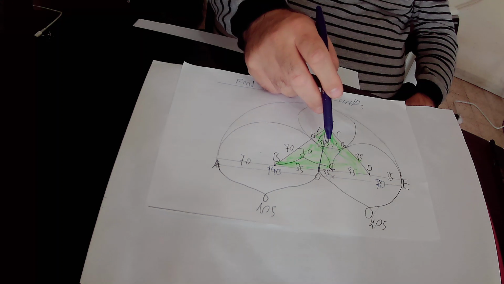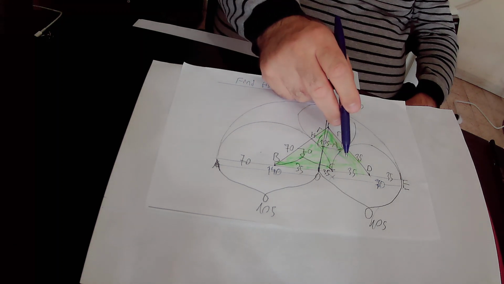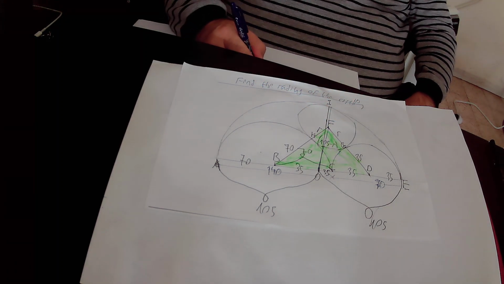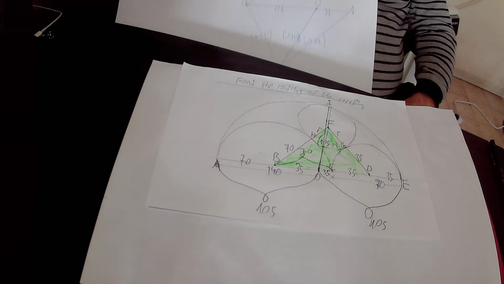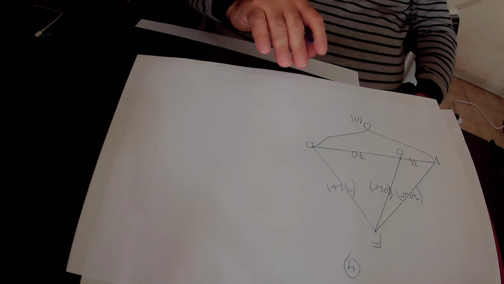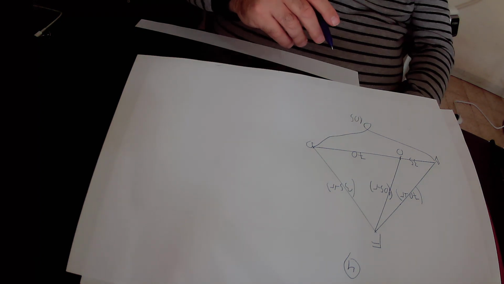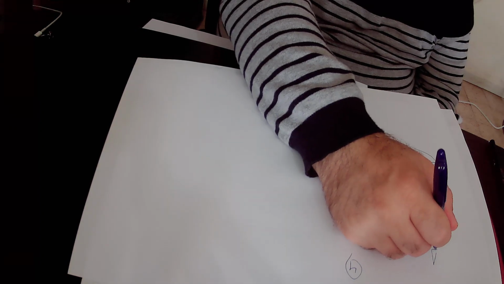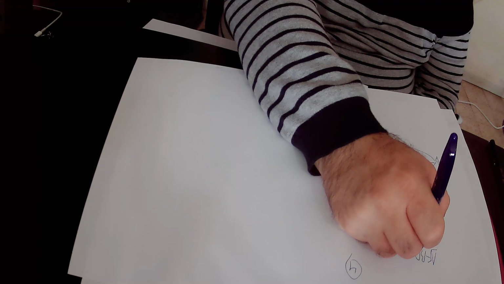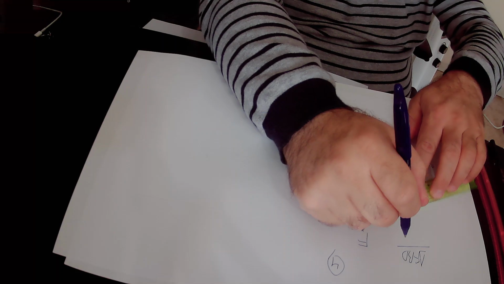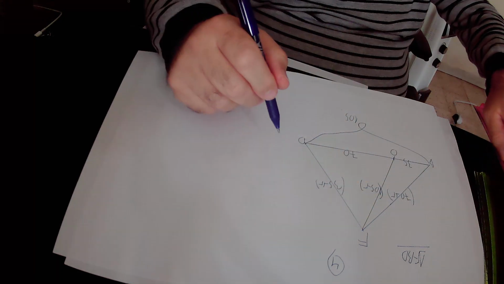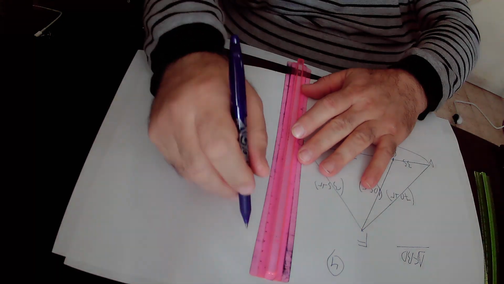And line segment OD equals 35 plus 35, this is 70 units. So this is triangle FBD that I copied from the original drawing. We will implement on this triangle Stewart's theorem.